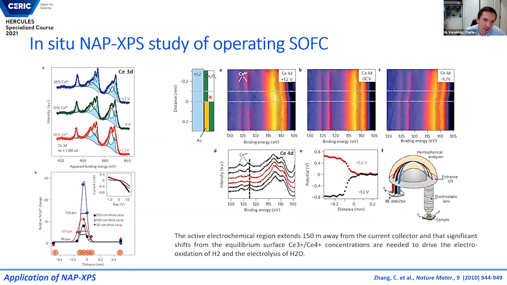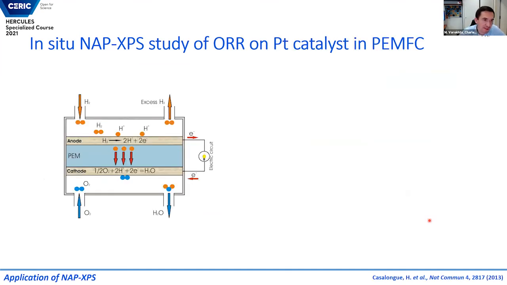You can even try to follow some dynamics, some diffusion, how far this potential is felt, what is the decrease of potential. Because as soon as the potential is decreasing more, at some point the reaction stops. So this is just an example of what kind of more sophisticated measurements you can do using XPS.